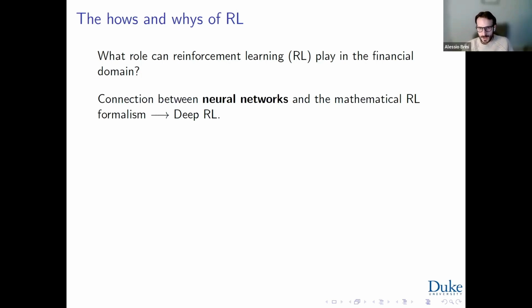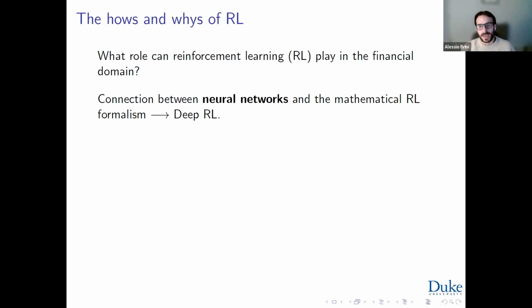The other one is, how do you connect the use of neural networks with reinforcement learning? One thing that needs to be clarified is that reinforcement learning takes its roots from optimal control and dynamic programming, something that was very established in the mathematical community, even from the 60s.